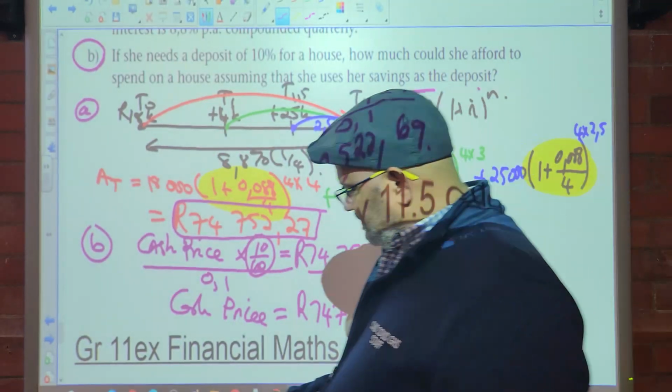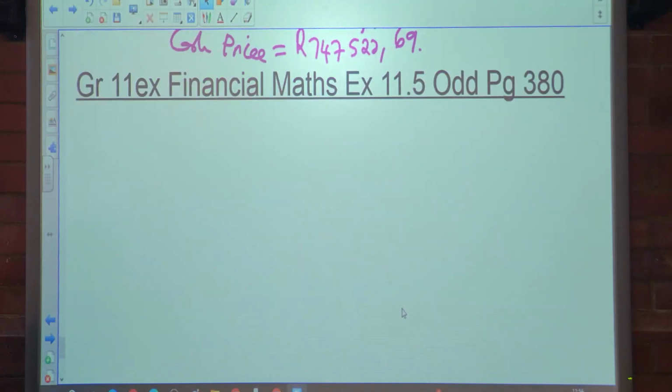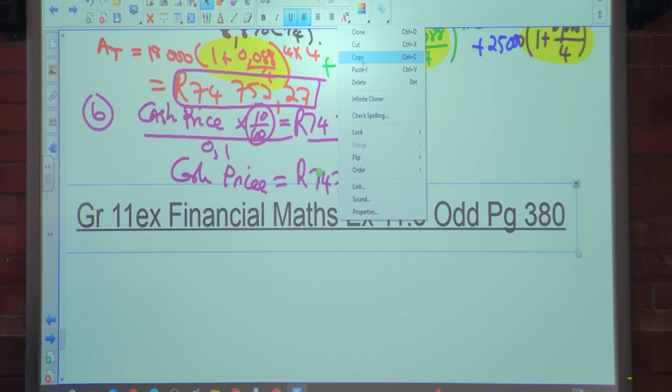So that is what you can afford. Okay. Beautiful question, and I think that brings us to the end of exercise 11.5.